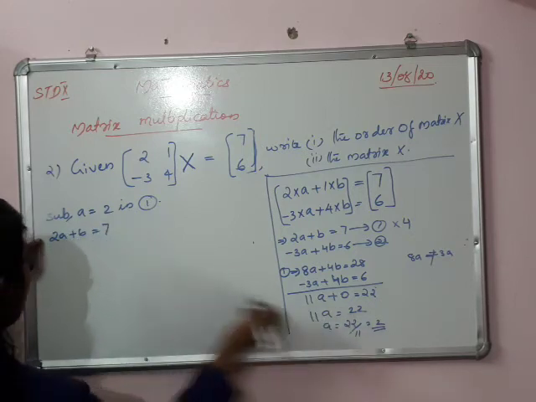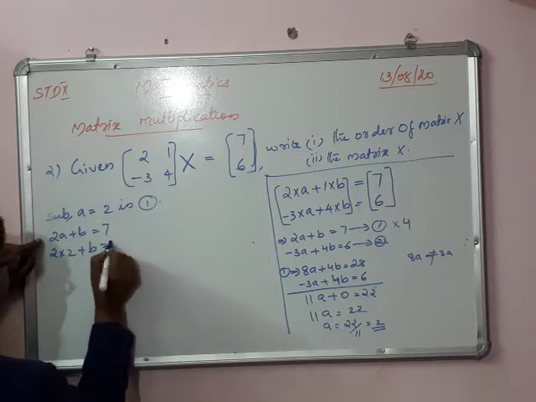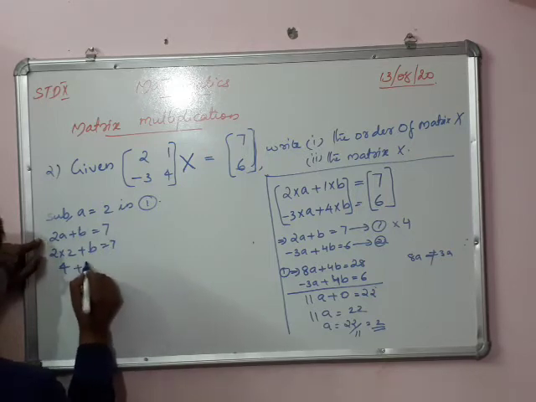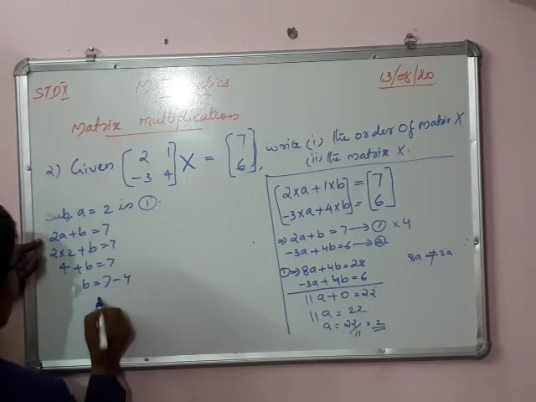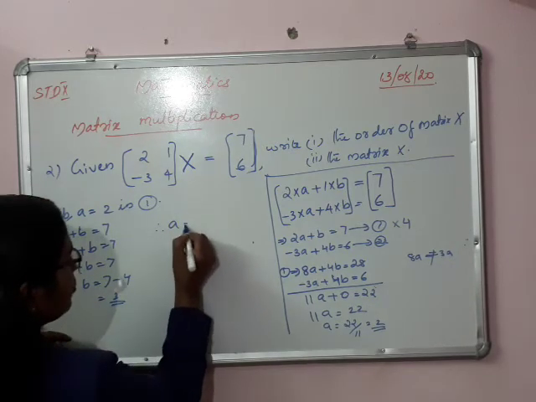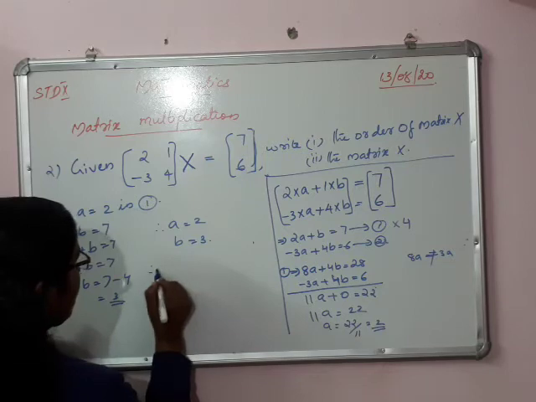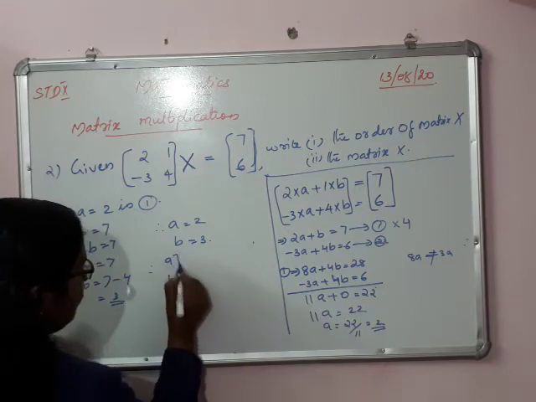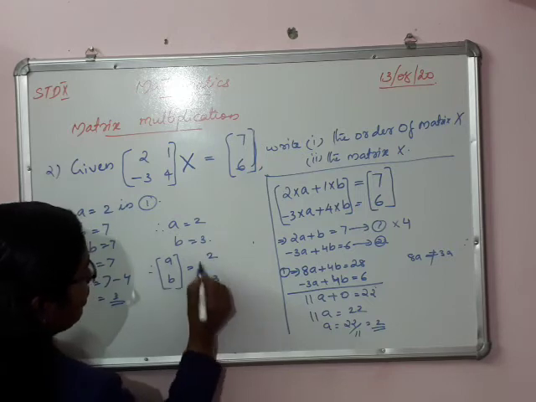The value of A is 2, and 2 into 2 plus B is equal to 7. That is 4 plus B is equal to 7. Therefore, B is equal to 7 minus 4, that is 3. So A is equal to 2 and B is equal to 3. Therefore, don't forget, the matrix [A, B] is equal to [2, 3].